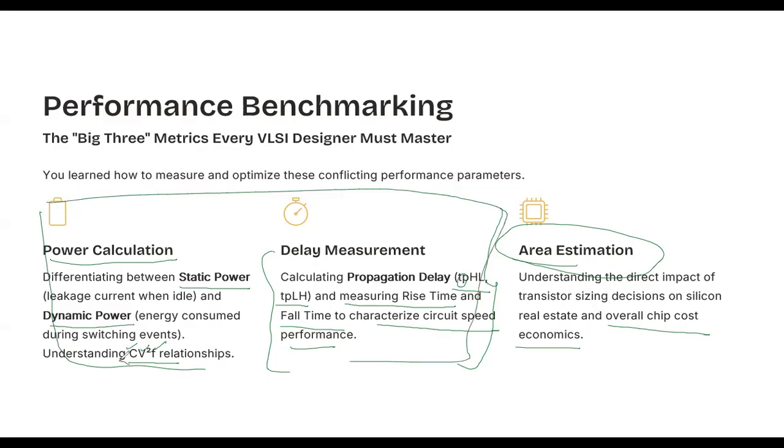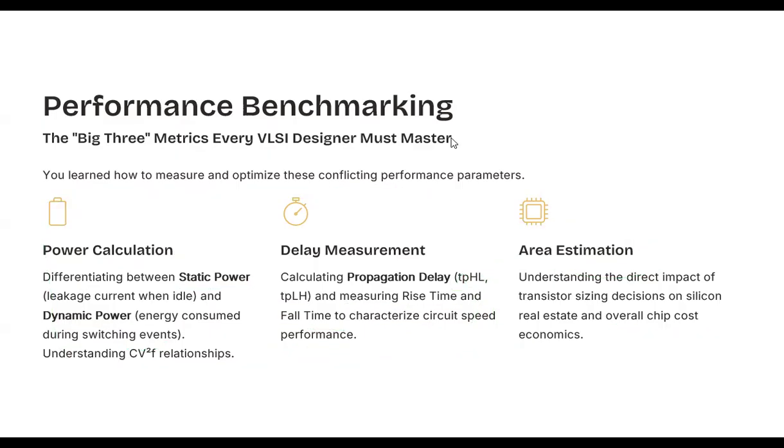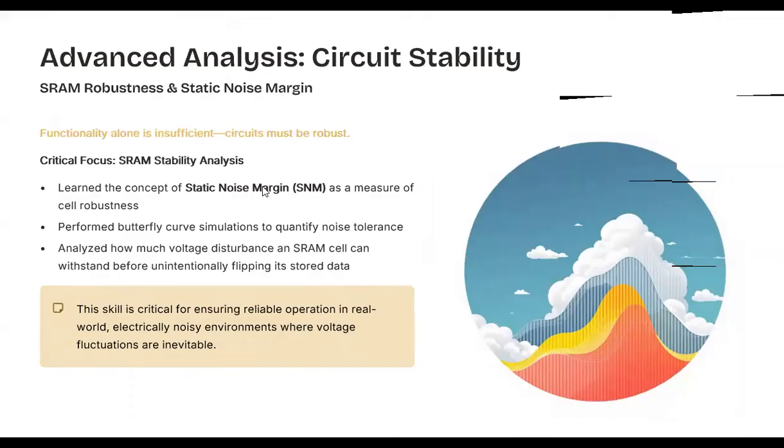So these are the big three metrics in your digital circuit designing, and you need to take care of it. Please assume that a short question will be asked on these parameters.